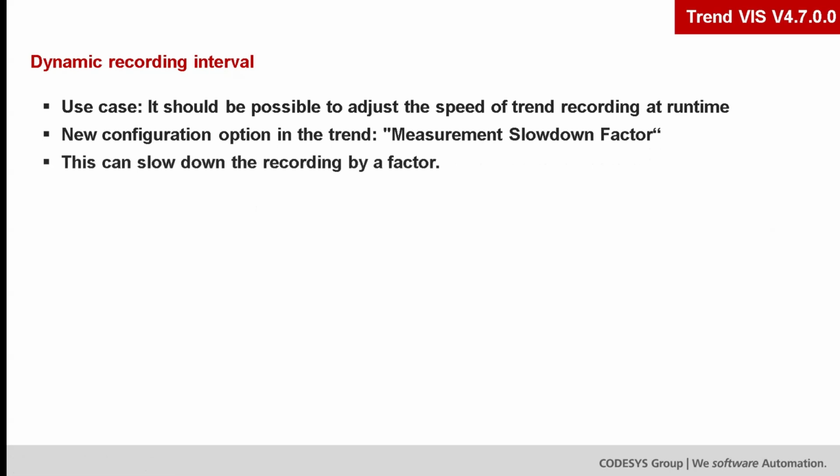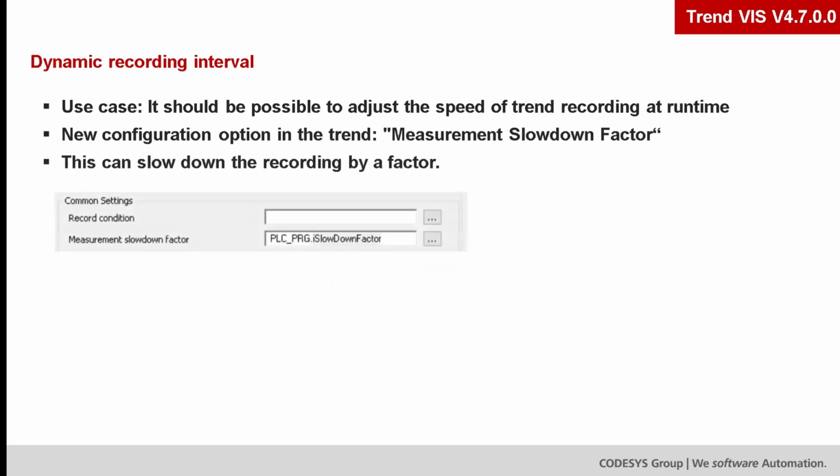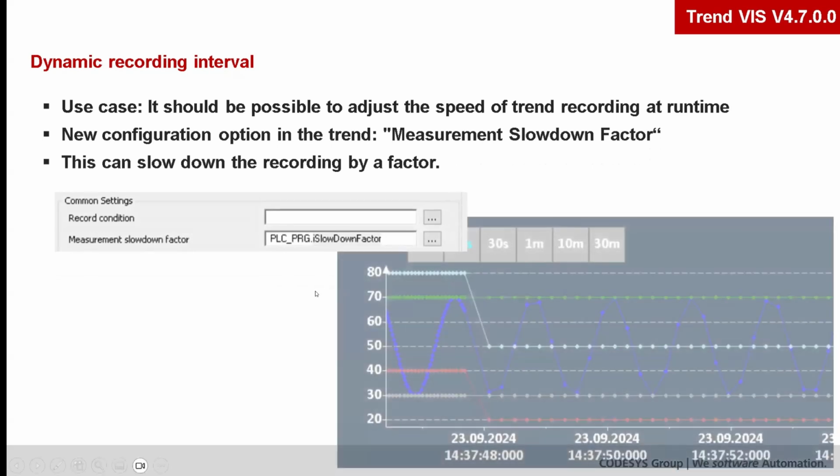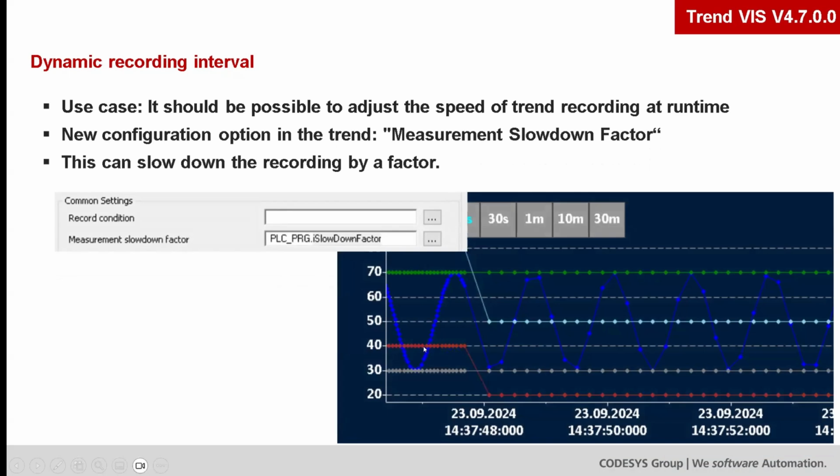It can slow down the recording by a factor. Here you can use a variable of your application. And as you can see here, more values are recorded than here. So only these values then appear in the database. And you can also speed it up, when you first start with a slowdown factor of 10 and then reduce it to 5 or to 0.